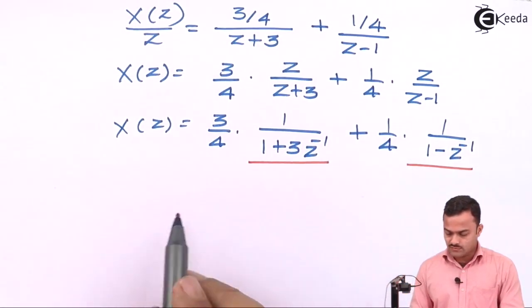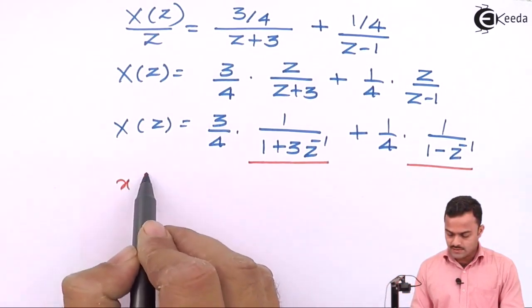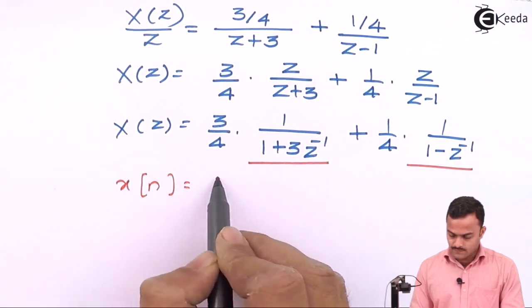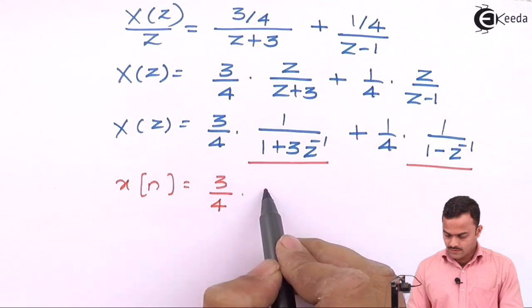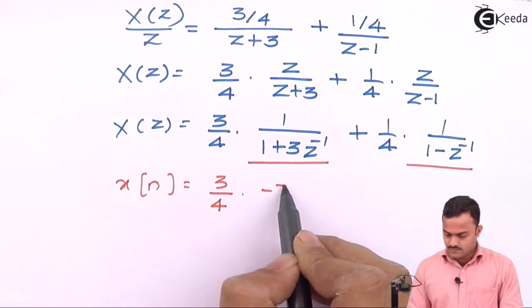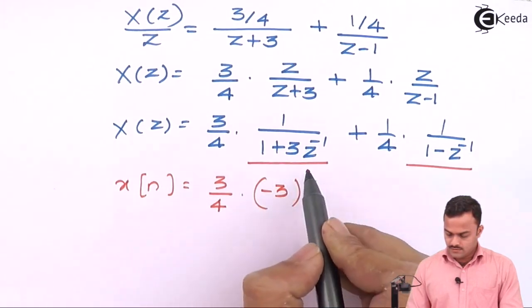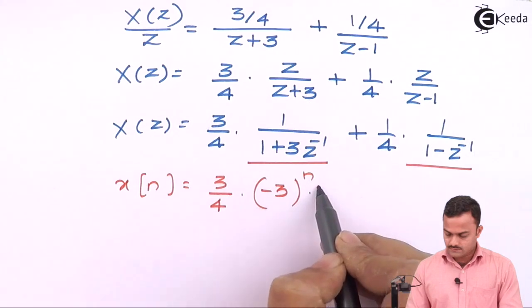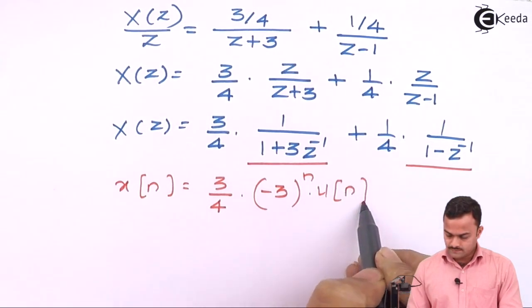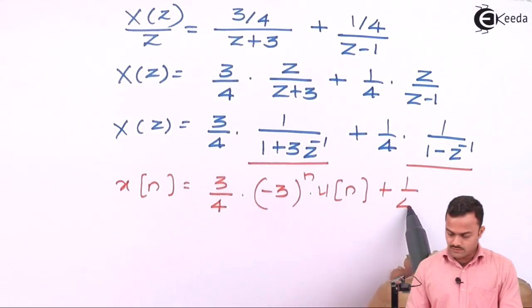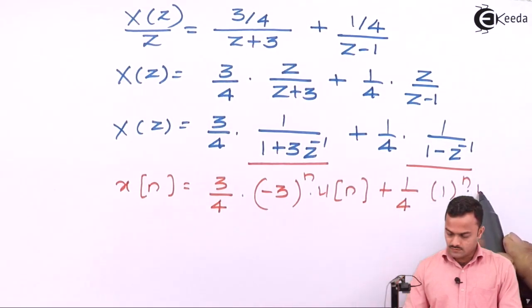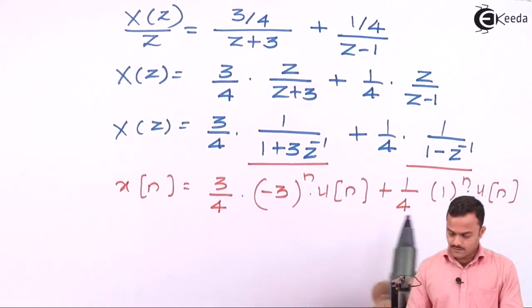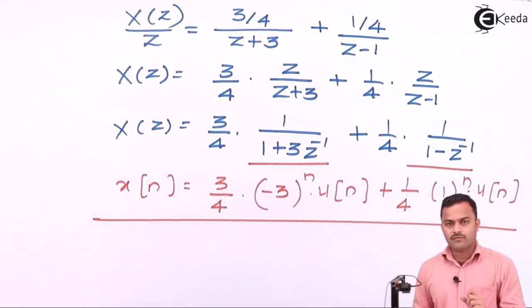The inverse Z transform we can obtain very easily as x of n equal to 3 by 4 times minus 3 raised to n u of n, plus 1 by 4 times 1 raised to n u of n. So we have this as x of n, and let's check the initial and final value.